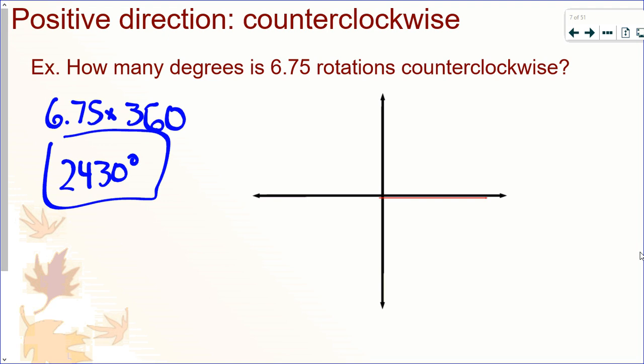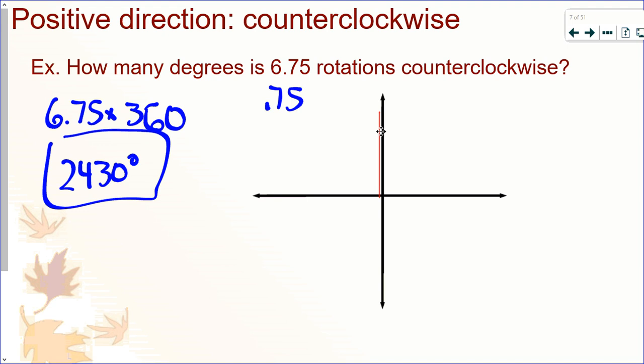Like, why would I want it that big? So if I consider rotating it 6 times, I'm back where I started. So rotating it 6.75 times is the same as rotating it 0.75 times because you just end up where you started. So to go 0.75, I could go, this is a quarter.